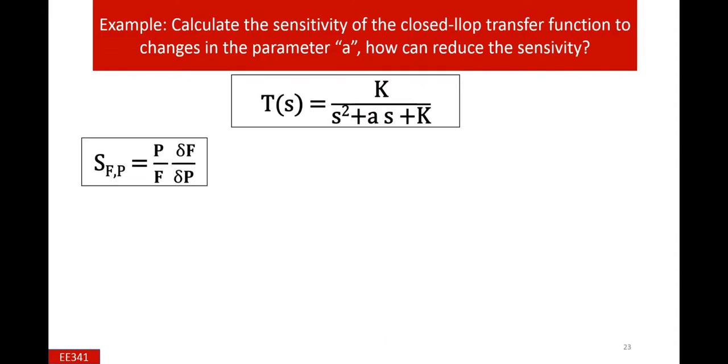So by using the definition of sensitivity, we have the sensitivity of the function T, the closed loop transfer function, with respect to the parameter a, scaled by the parameter divided by the transfer function. We substitute the closed loop transfer function and take the derivative of the transfer function with respect to the parameter.